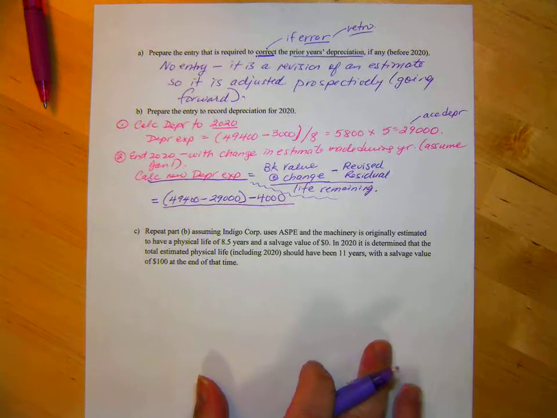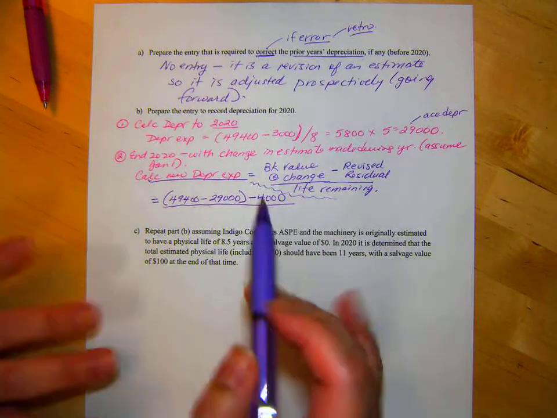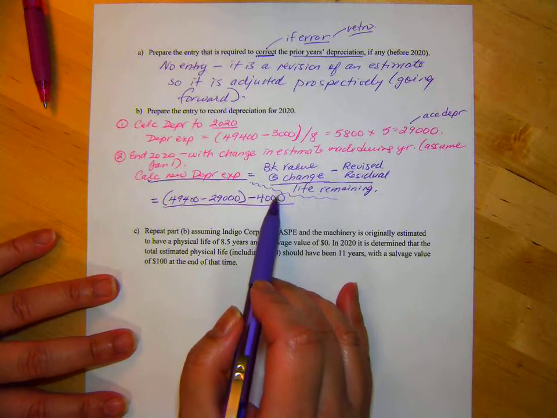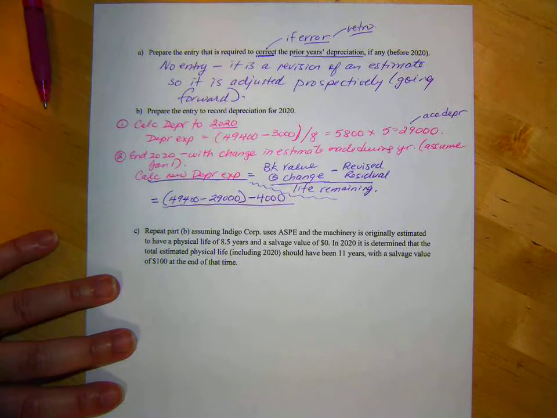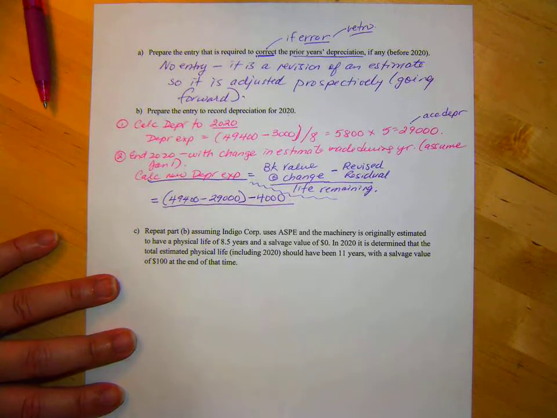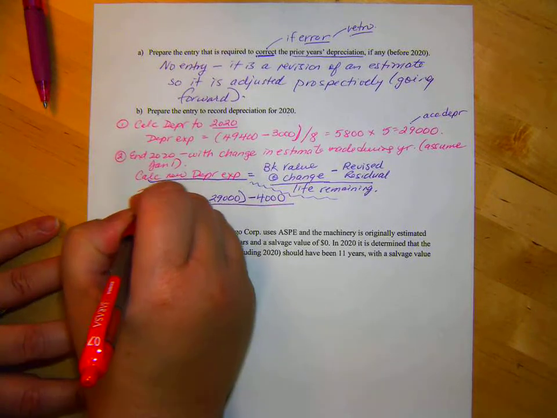Everybody okay with that? So sometimes this changes, sometimes it doesn't. If you had, let's say, added on, what did we buy? Machinery. You added on another part to it.